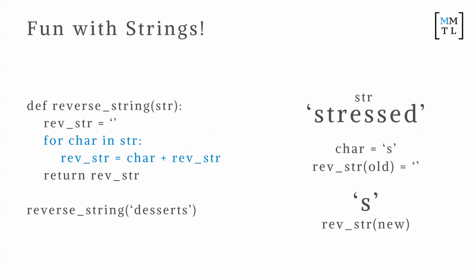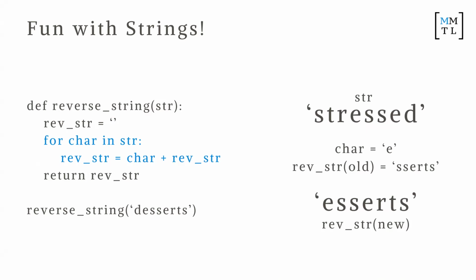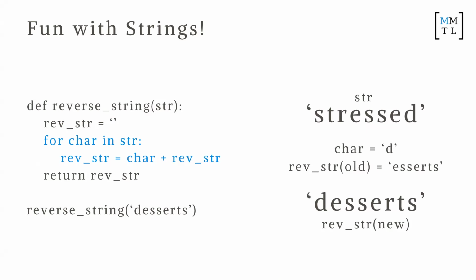In this case, we add the S and it just looks the same. Then we add the T, and then the R, and then the E. See how we're adding the character at the start of the reverse string every single time. So we add the character to the old reverse string. Does that make sense? That's how this code works.